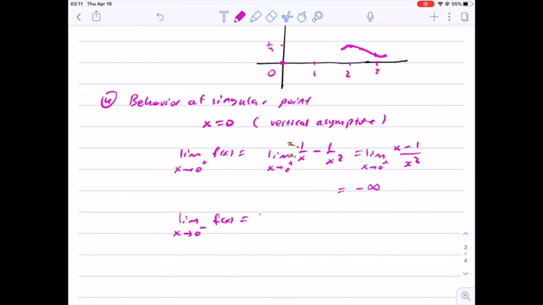And if we take limit as x goes to 0 from the left of f of x, this is limit of x minus 1 over x squared, x goes to 0 from the left.